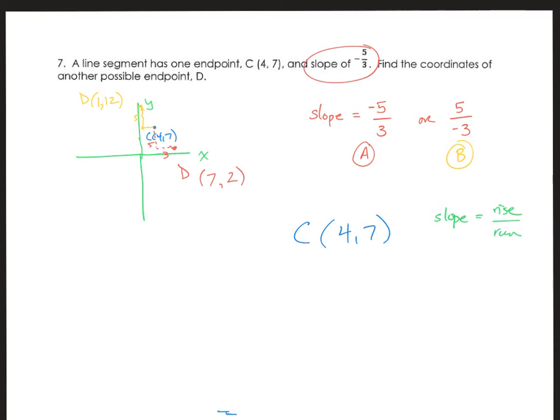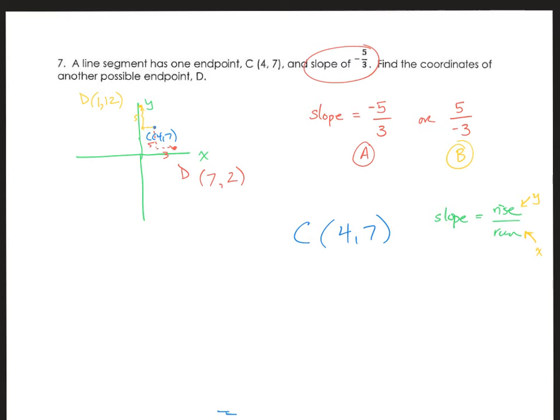And my rise always makes reference to my y values, and my run always makes reference to my x values. Rise being vertical or y's, run being x's, x's are horizontal.